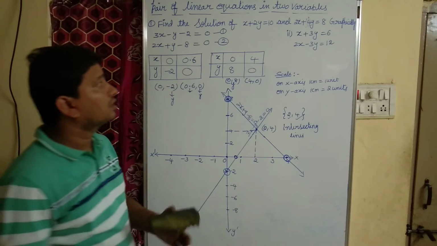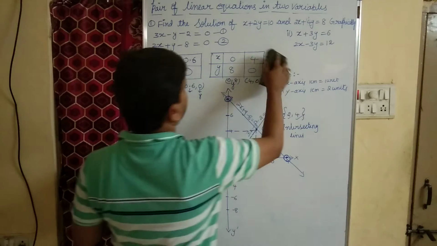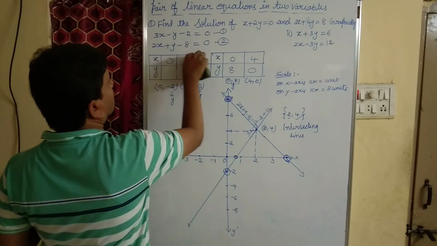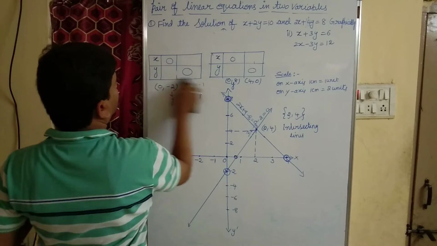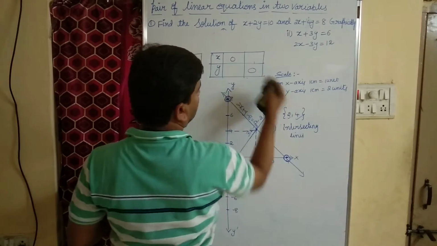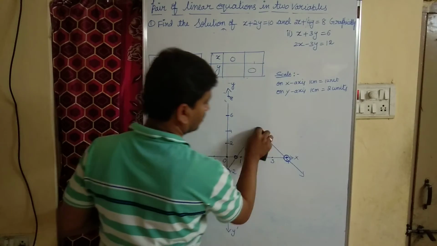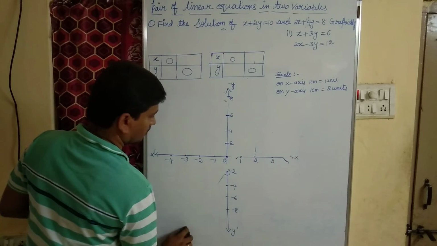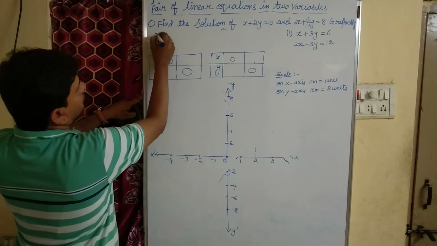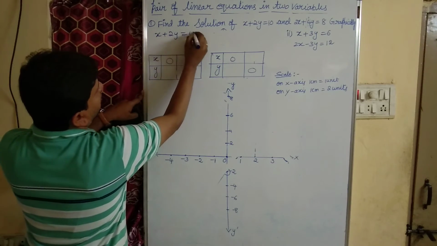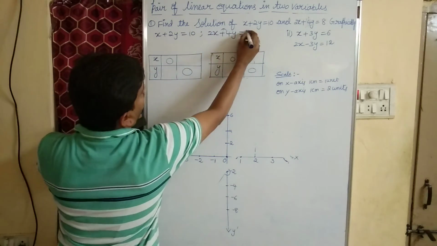Now let us solve the first one. The given system of equations: x plus 2y equal to 10, and the second one is 2x plus 4y equal to 8.